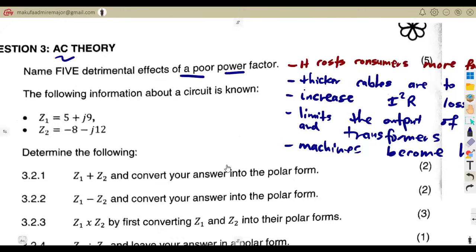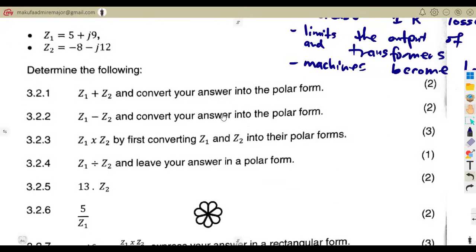Depending on your textbook, let us know, guys. You can even add others in the comment section so that they can also use them, such as supply of power. I can even add those ones: the supply cables overheat because of that poor power factor. Overcurrent occurs in a circuit.